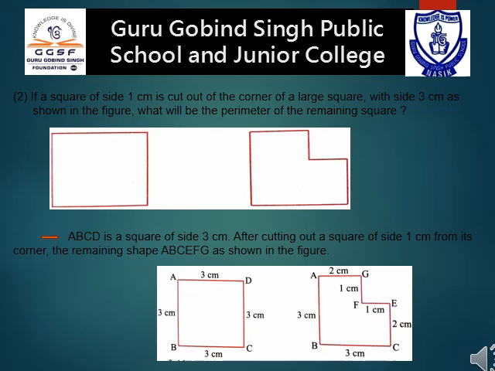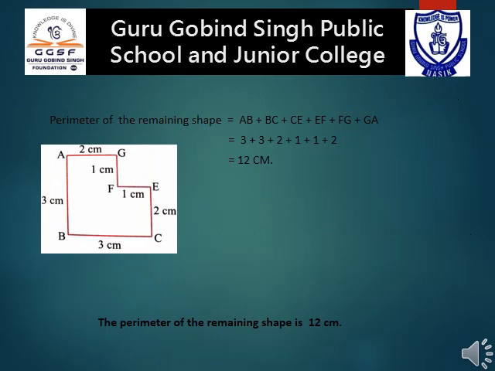Now here AG is 2 centimeter, GF is 1 centimeter, FE is 1 centimeter, EC is 2 centimeter, BC is 3 centimeter and AB is 3 centimeter. Now let's find the perimeter of the remaining shape.